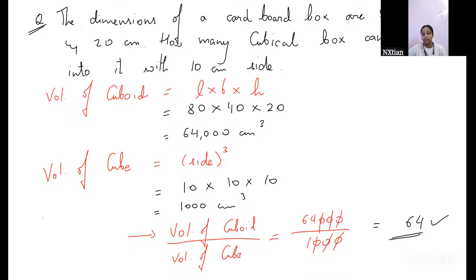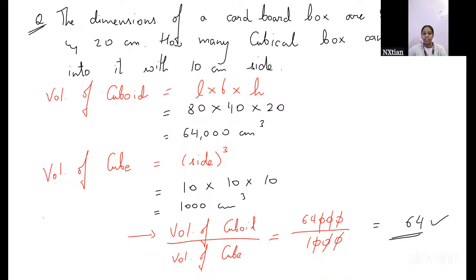Any doubts in this question? No, ma'am. Okay. So, see, volume of cube is very simple. Whenever you have the question to find out the volume of a cube, its formula is side cube. You will be given the side of the cube, any centimeter or meter, 5 meter or 10 centimeter or anything.